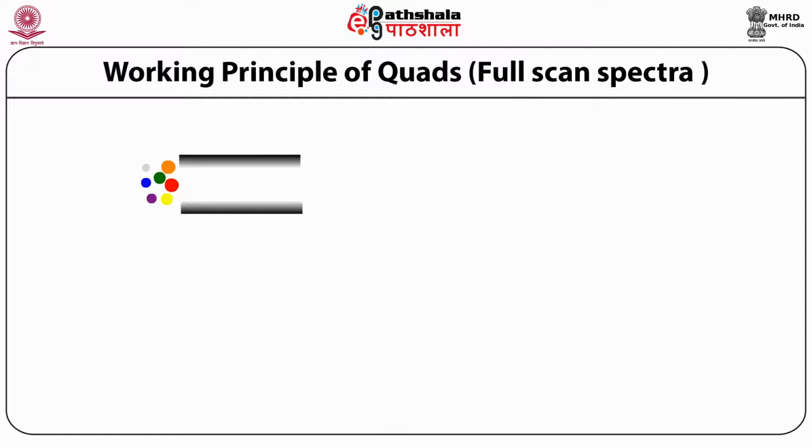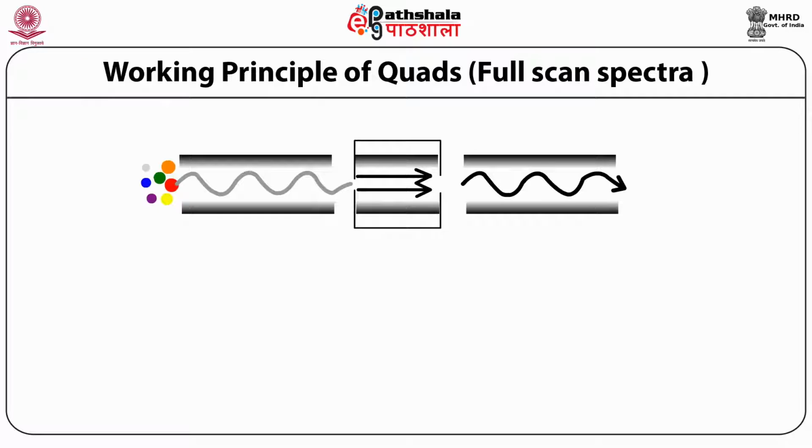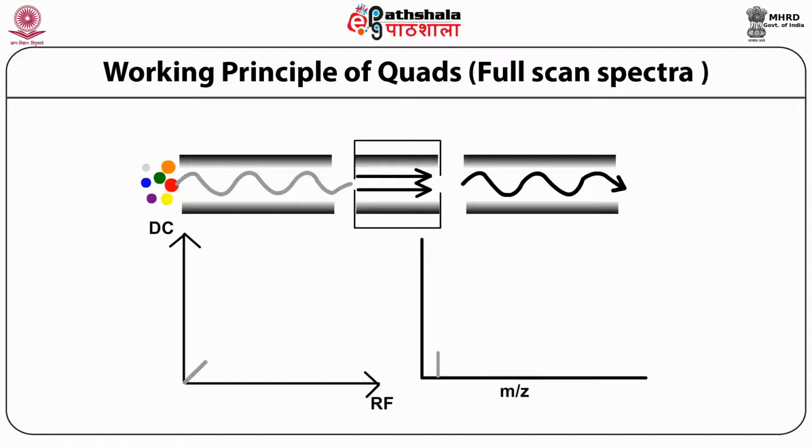Here, I'm trying to explain by this pictorial representation the working principle of quadrupoles in a mass spectrometer. As I already explained, in the source the ions are formed in the gas phase and enter the first quadrupole, where they are separated. After separation they come to quadrupole 2, where it behaves like a fragmentation cell, where neutral gas molecules like nitrogen or argon are accelerated to collide with the pseudomolecular ion.